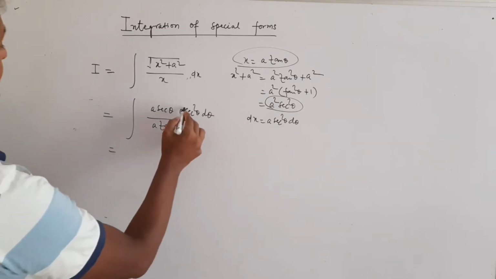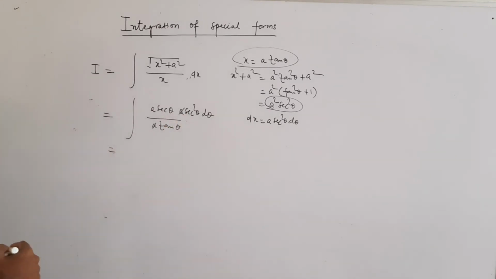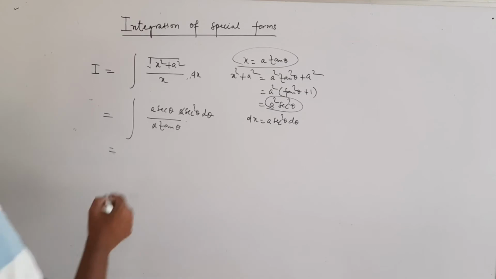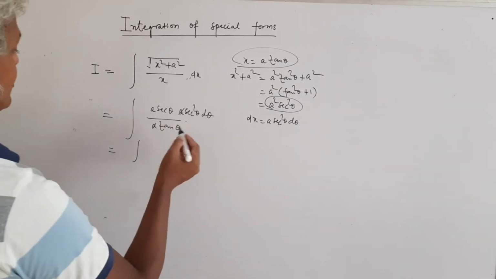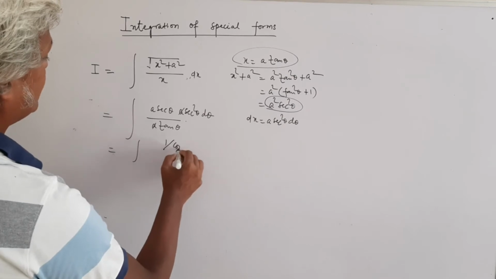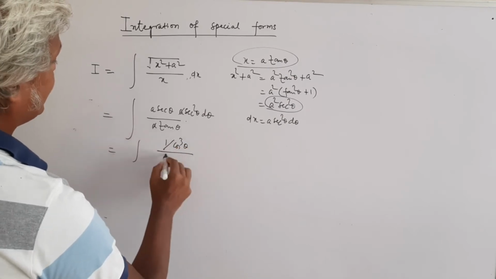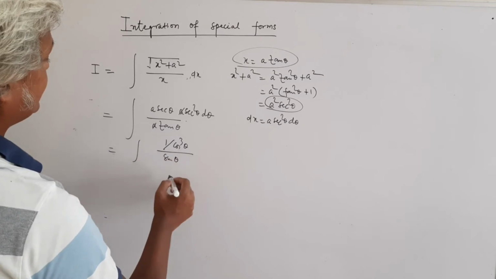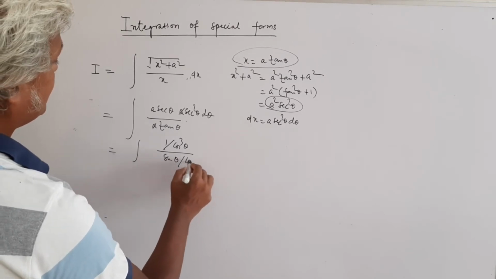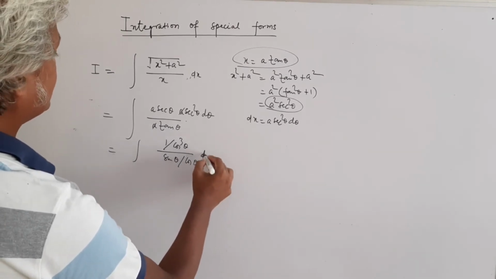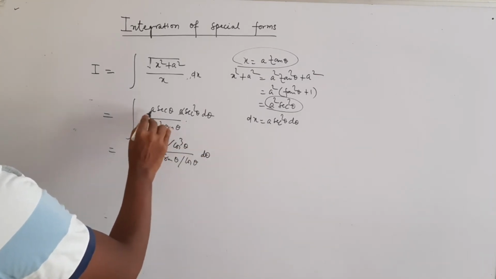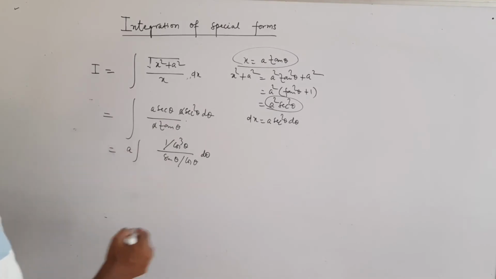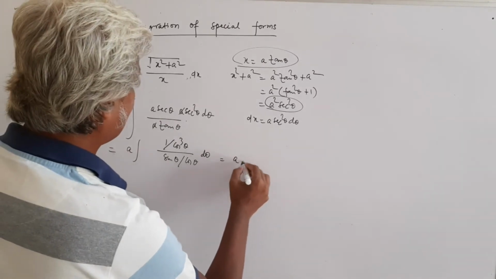So here we are getting 1 a cancelled, and then we are getting sec cube over tan theta. So sec cube over tan theta, you can write this as 1 over cos cube theta, and down you can write sin theta upon cos theta d theta. 1 a is there on the top, so that is here a. So there we can write a.